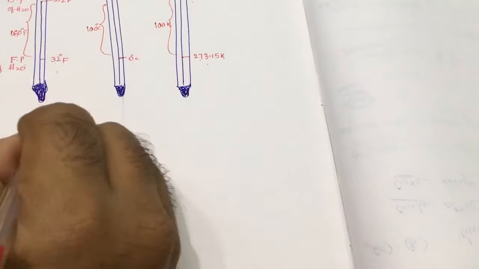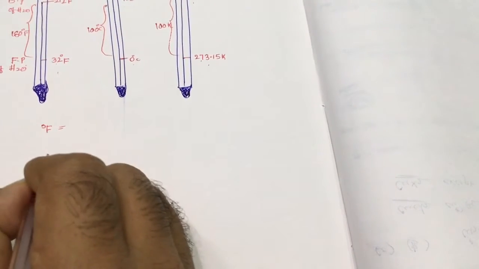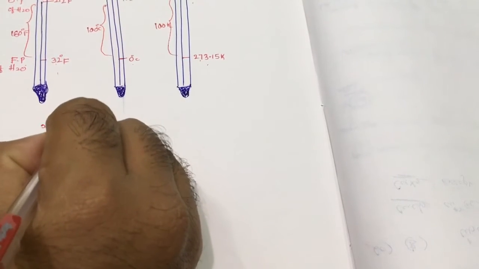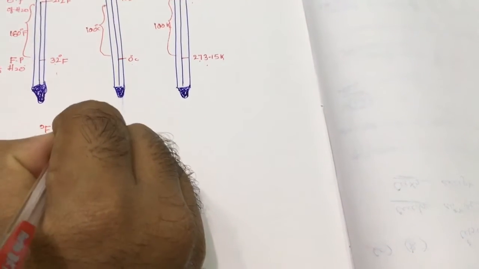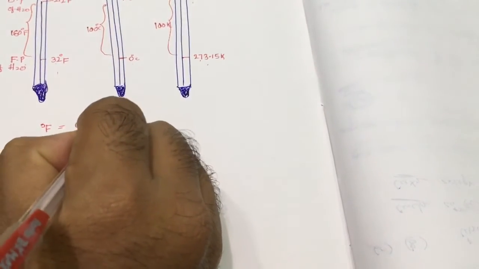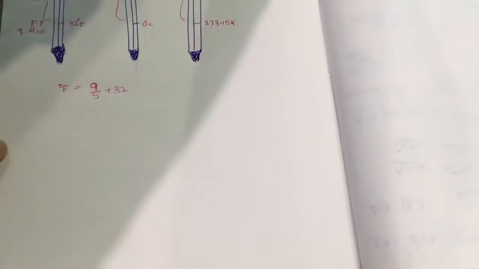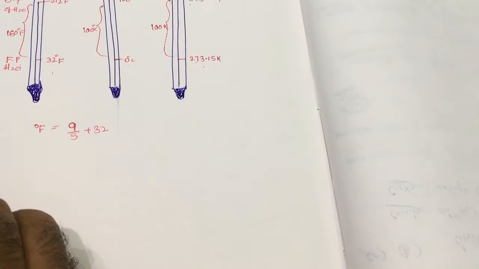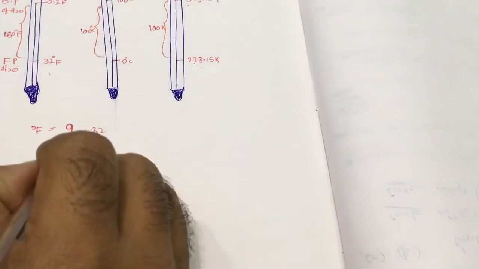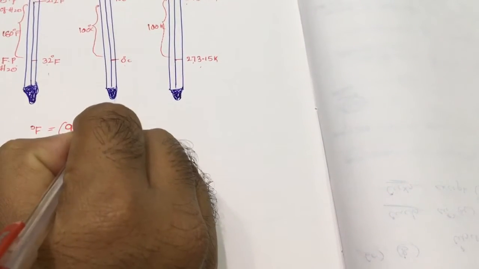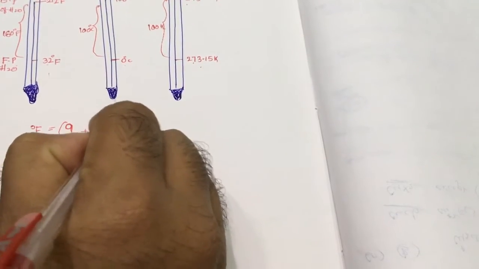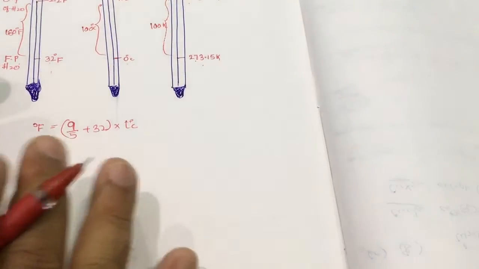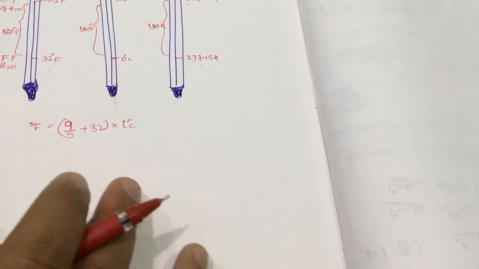Degree Fahrenheit is equal to 9 by 5 into T degree Celsius plus 32. This is a formula. How this formula is derived, that I want to tell now.